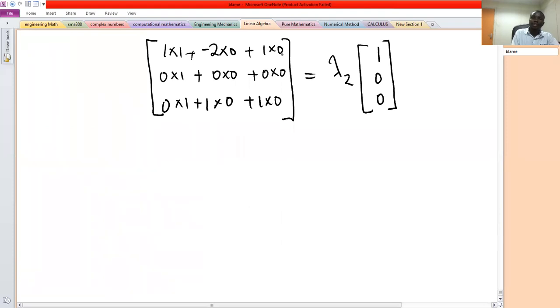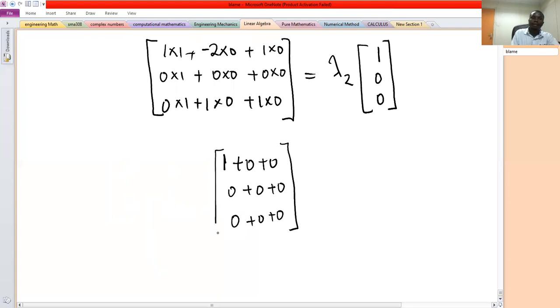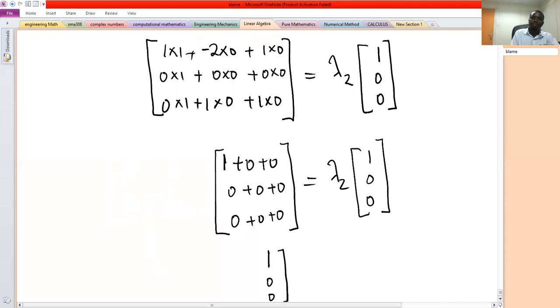Now you see the first row will be 1 plus 0 plus 0, 0 plus 0 plus 0, 0 plus 0 plus 0 equals lambda 2 times 1, 0, 0. So we have 1, 0, 0 equals lambda 2 times 1, 0, 0.